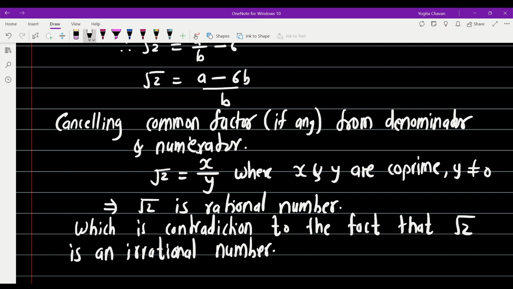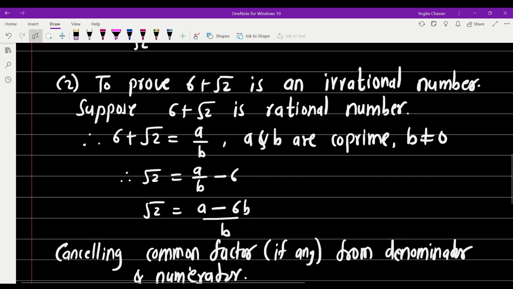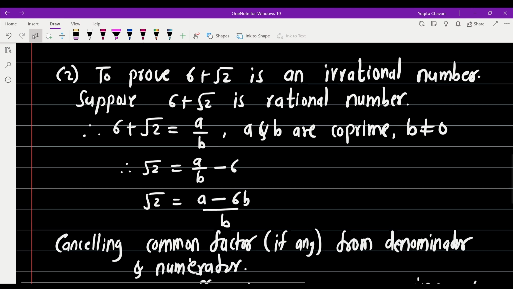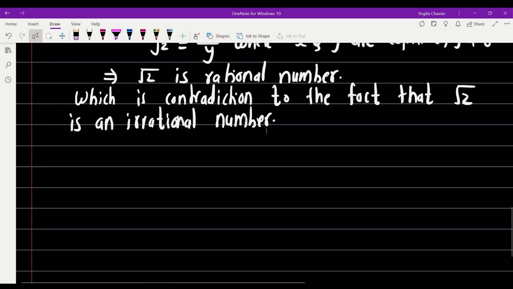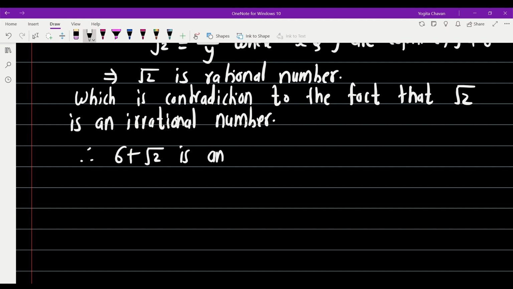So why did we get this contradiction? Again observe that at the beginning we assumed that 6 plus root 2 is a rational number. So this is not correct. Therefore, what is the correct sentence? Therefore 6 plus root 2 is an irrational number.